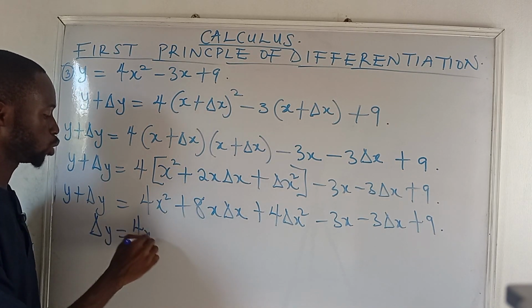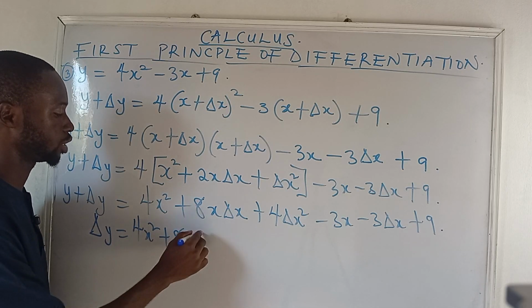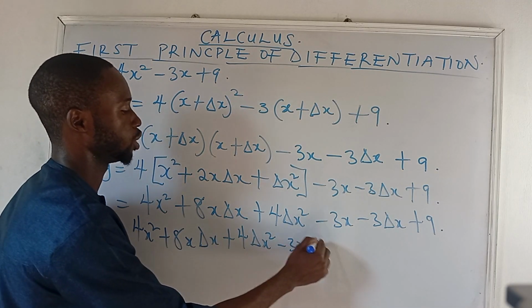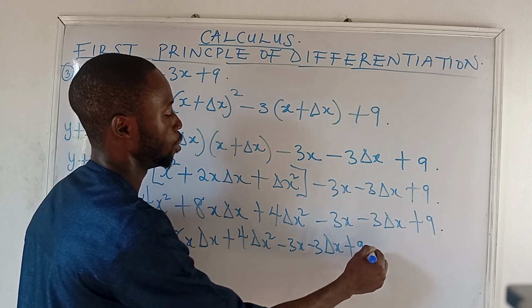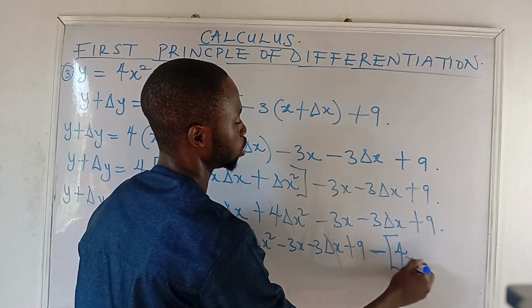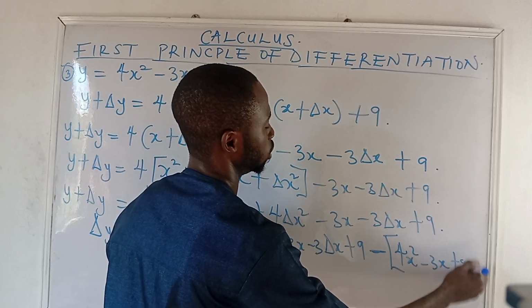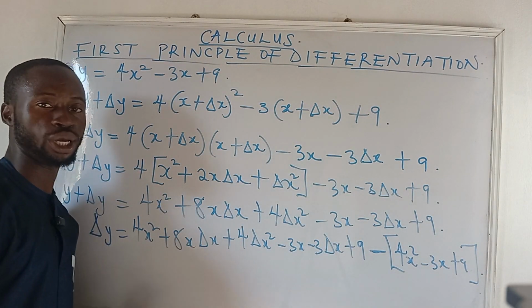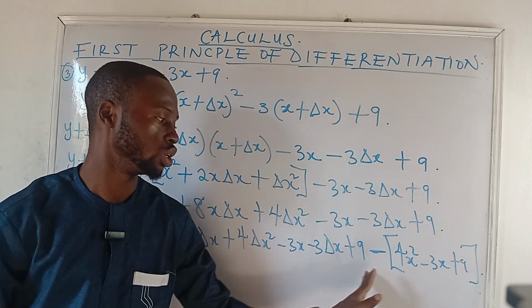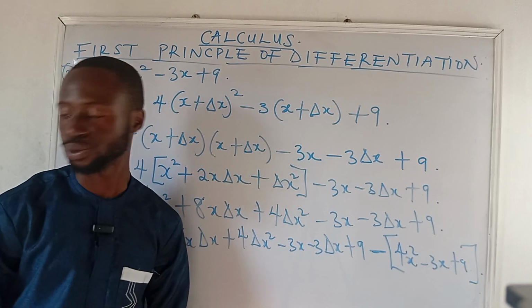Then on this end, let's just repeat what we have here. 4x squared plus 8x change in x plus 4 change in x squared minus 3x minus 3 change in x plus 9 minus. So I am deducting everything here, that's 4x squared minus 3x plus 9. I am deducting from here. So I'm introducing a bracket because there are several terms inside. So the minus has to open the bracket all through.